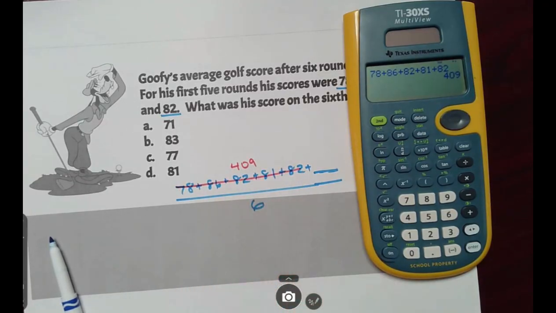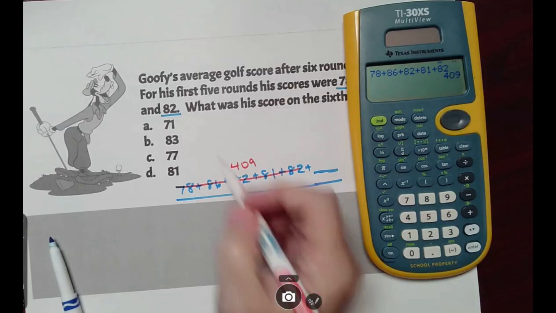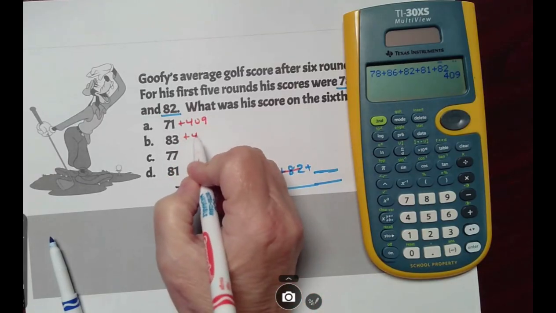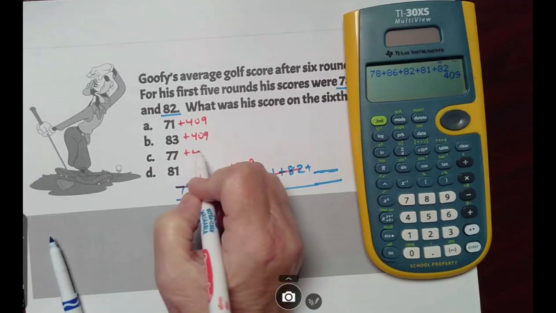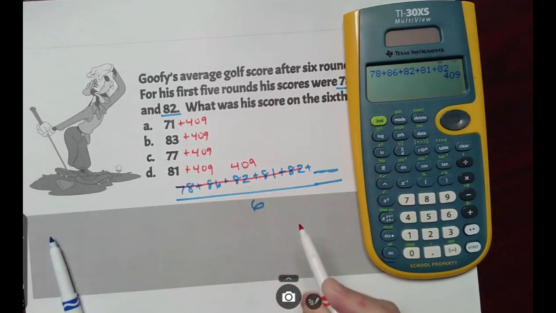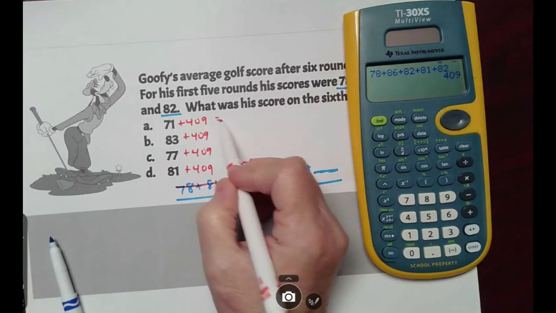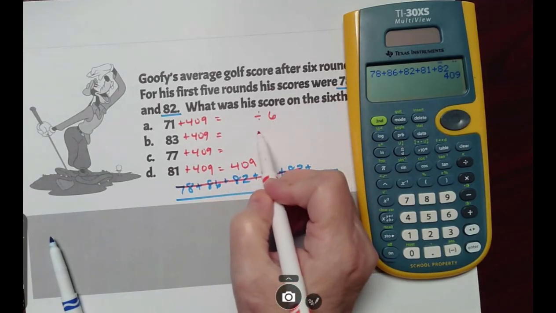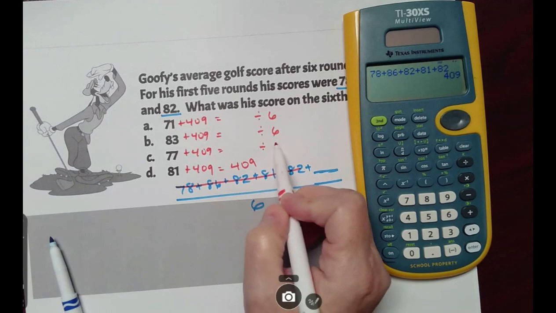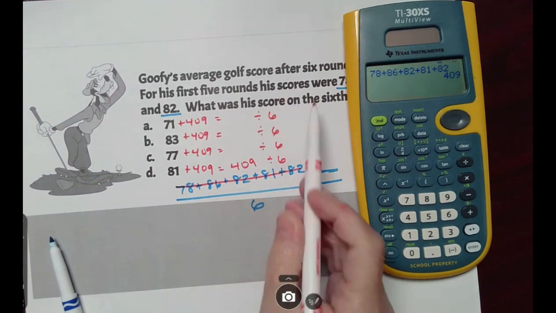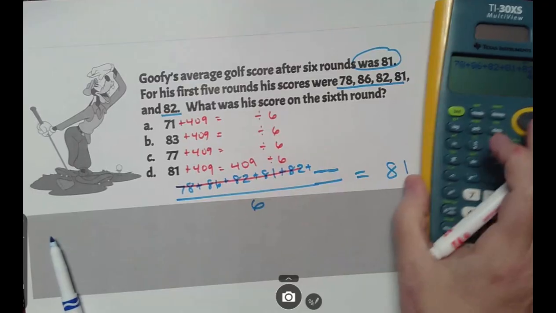All that sum is 409. So we're going to take 409 and add it to each one of these. We may not have to add it to each one of these if we find our answer is A. And then once we have that answer, we're going to divide it by 6 and see which one gives me the average of 81 that we want.